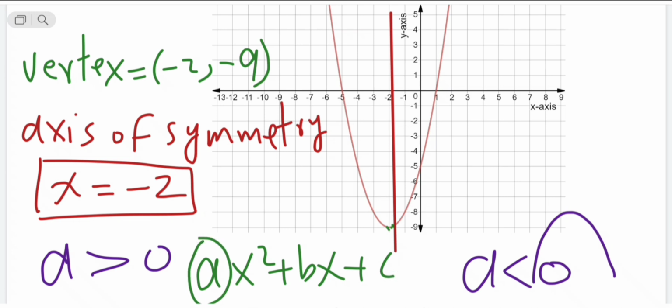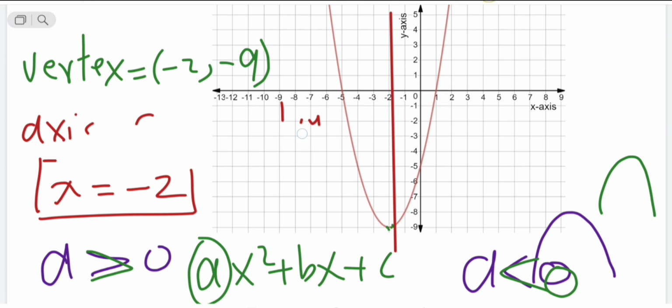This a is the coefficient of x square. If the coefficient of x square is greater than 0, the graph opens up. If it is less than 0, the graph opens down. I hope it is clear. This is the direction of the graph.